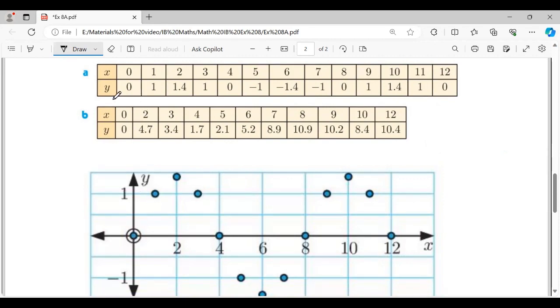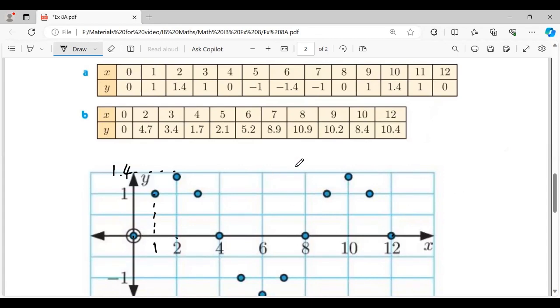So origin 0, 0 here, and after that this coordinate point is 1, 1. Then 2, 1.4, until you find 12, comma 0.